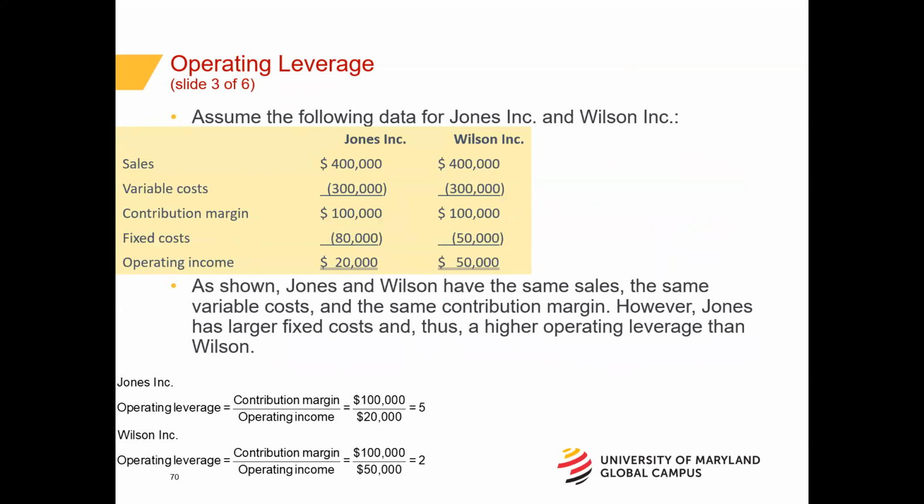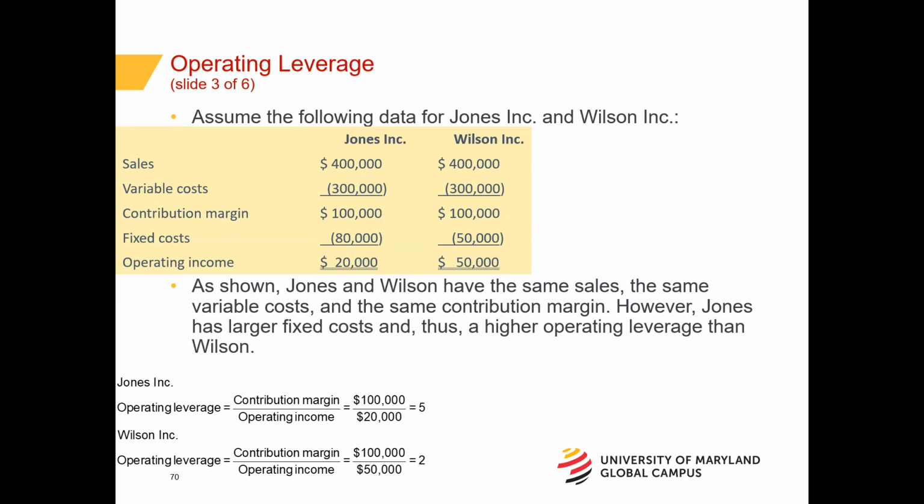So let's take a look at some sales data. We're comparing two different companies to identify which has the best operating leverage. Sales minus variable cost equals contribution margin, minus fixed cost equals operating income. We take the contribution margin for each company divided by the operating income for each company to get the operating leverage.